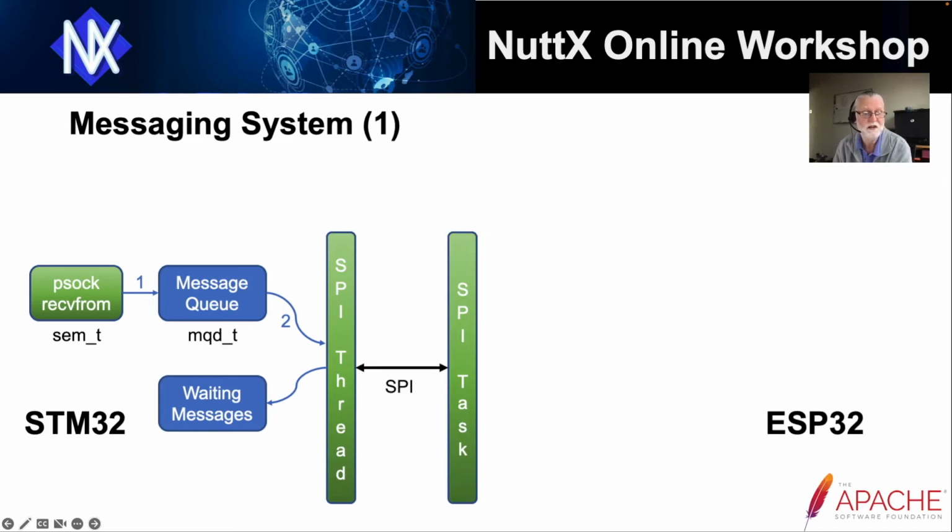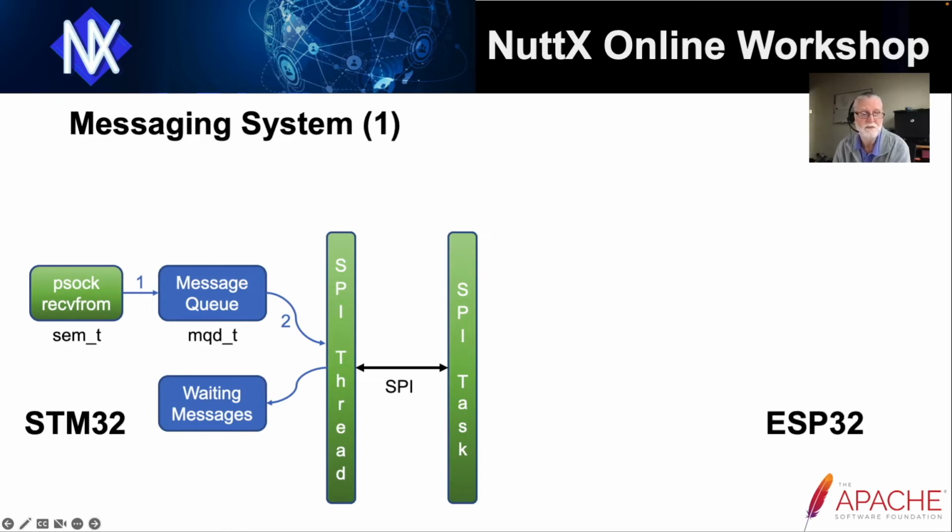Similar to NuttX, the ESP32 runs an SPI task, and its sole responsibility is to monitor the SPI bus, follow the instructions from the STM32, and in this case the instruction is going to be, here is a receive from request.